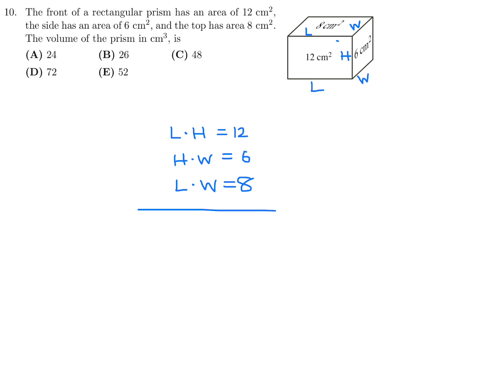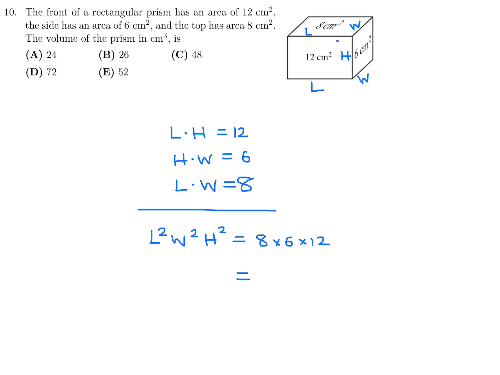So we have 3 relationships, and you can proceed in several ways here, but what I'd do, really quick, is just multiply everything. So this times this times this. And if you do, you get L squared, W squared, H squared, and on that side, you'll get 8 times 6 times 12. And that number, you can just take the square root of.